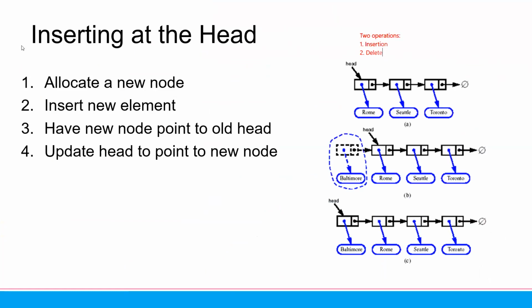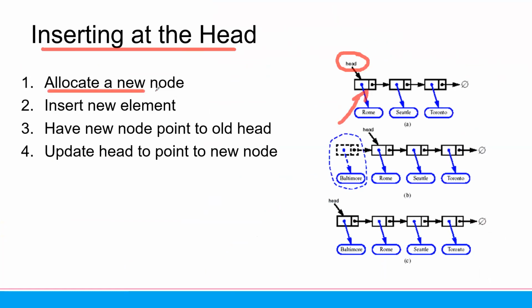Now, when we want to insert, let's say that I want to insert at the head. What is head? Head is the first node. So I'm going to insert something at the head.